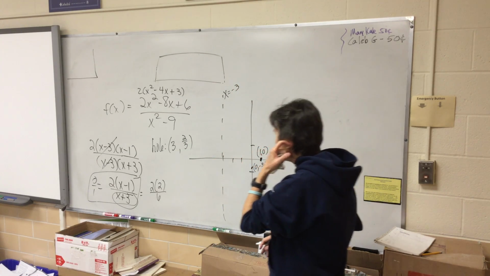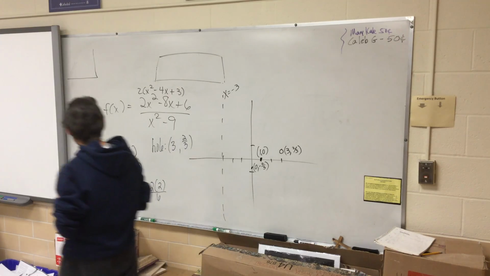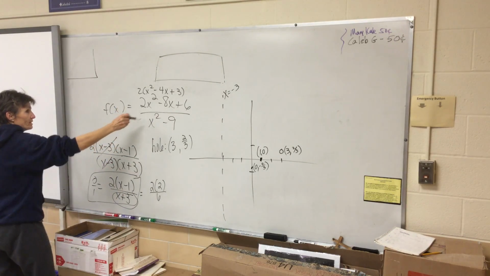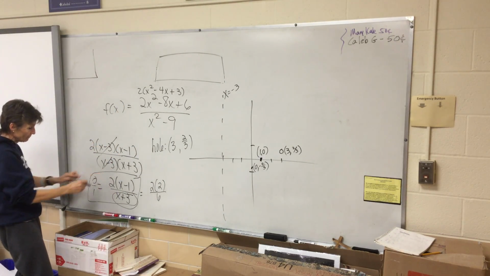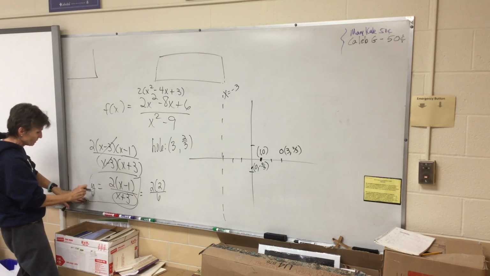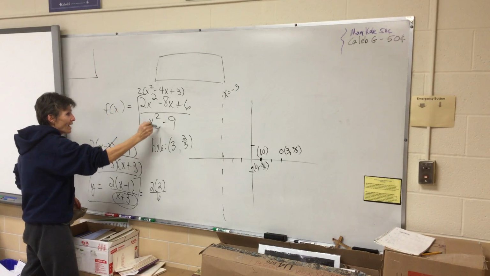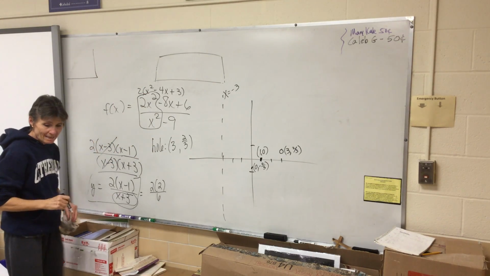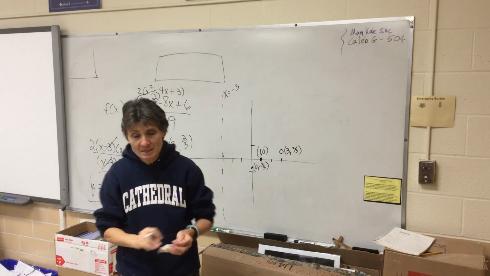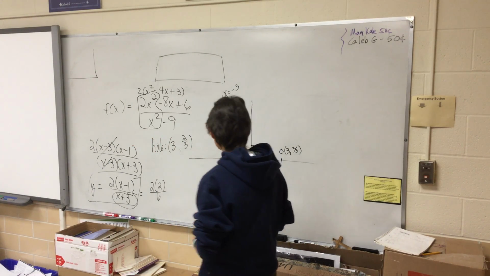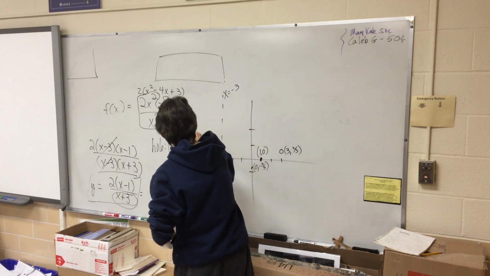And what about an end behavior asymptote? Look at my problem. You can look at the original or you can look at this one. Doesn't matter which one you're looking at. See how the powers match, guys? What does that mean? If the powers match, it means my end behavior asymptote is horizontal.